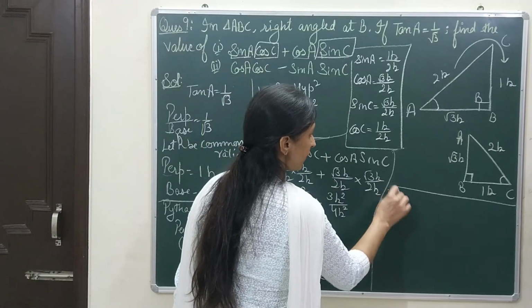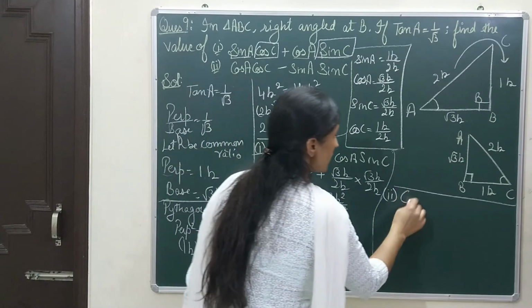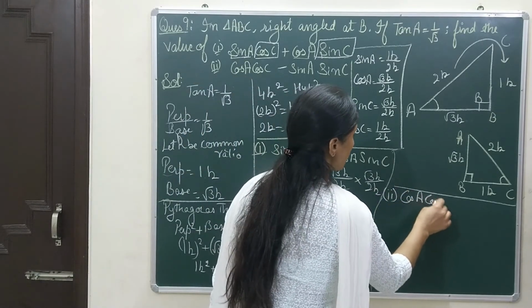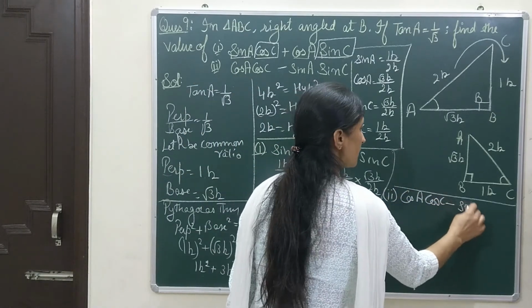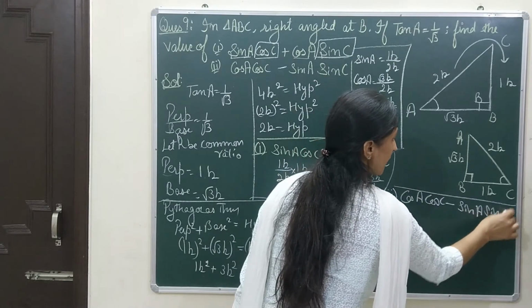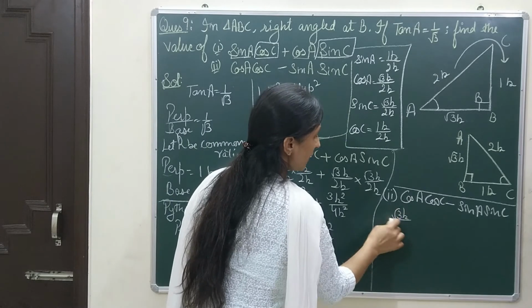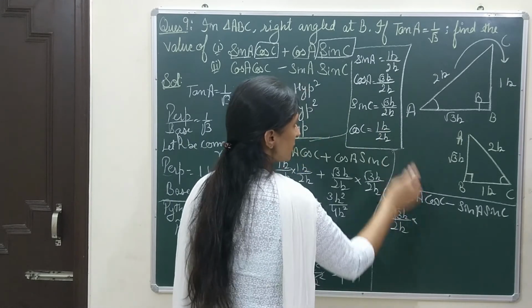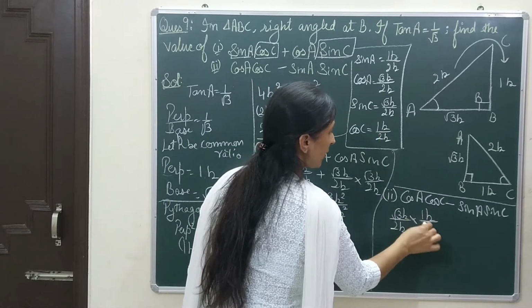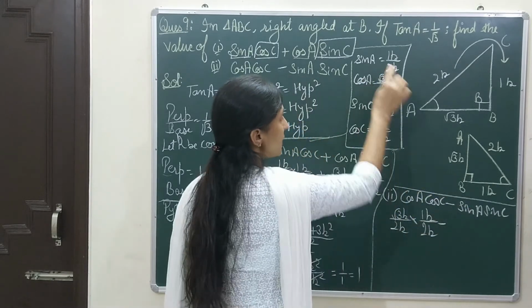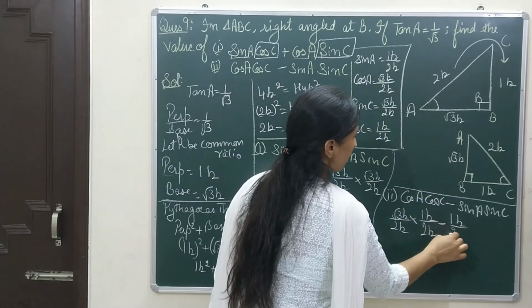Now it is cos A cos C minus sin A sin C. Now what is the value of cos A? I have written here. It is root 3k by 2k. Cos C is having value 1k by 2k. Then sin A is having value 1k by 2k.